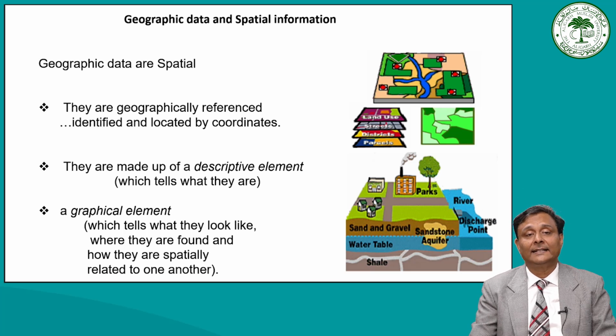And the third is the graphical element, which tells us what they look like, where they are found and how they are spatially related to one another. So these qualities of spatial information we want to represent in our spatial analysis, and for that we use raster and vector data formats.